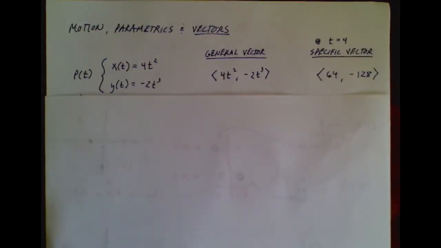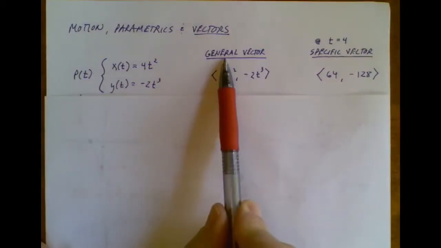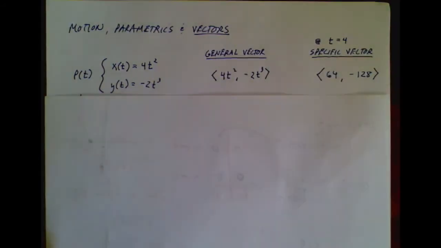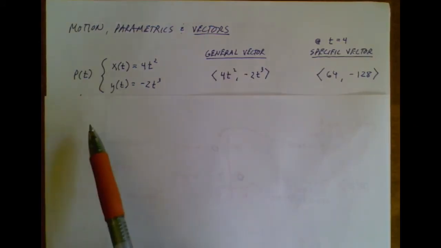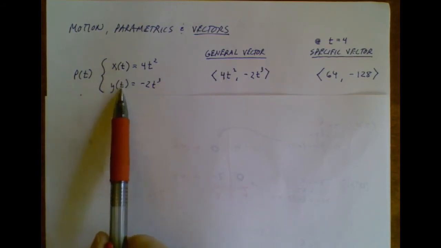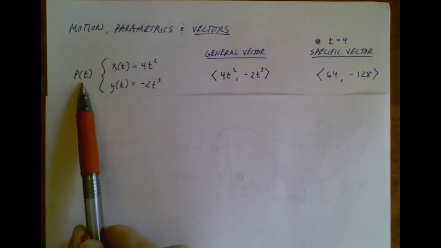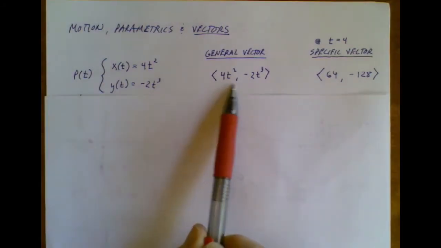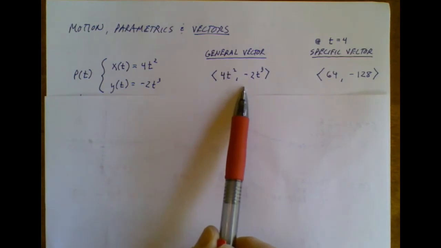So the same idea, the general information and the specific information, can be applied to vectors in parametrics. Here's a situation where, say, a particle is traveling through outer space and its x and y values for position, in other words its coordinates, are defined parametrically. So you would call this the general position vector.